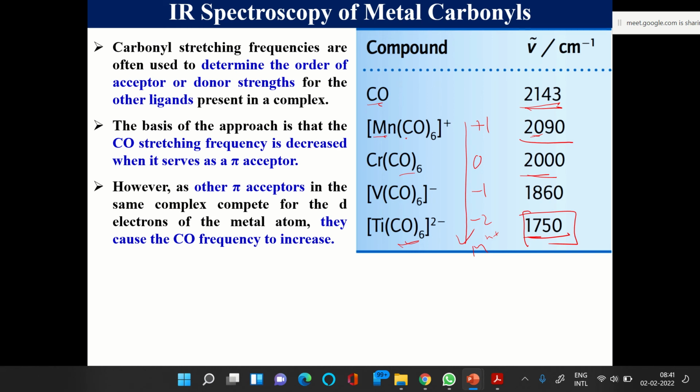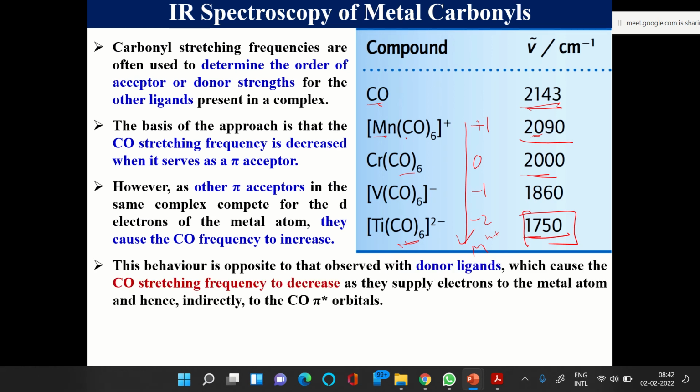Suppose some of these carbonyls are substituted with other ligands and that ligand is also a pi acceptor, then there will be a competition.